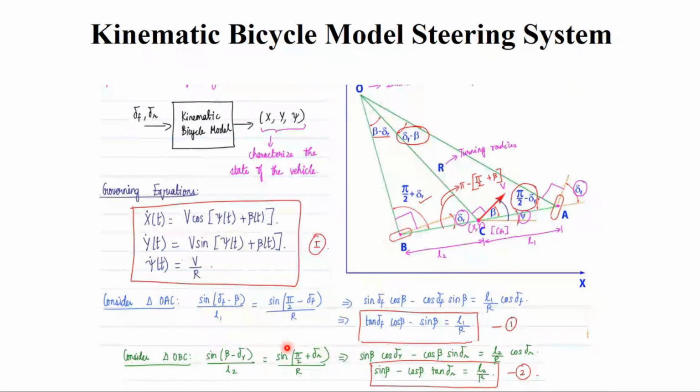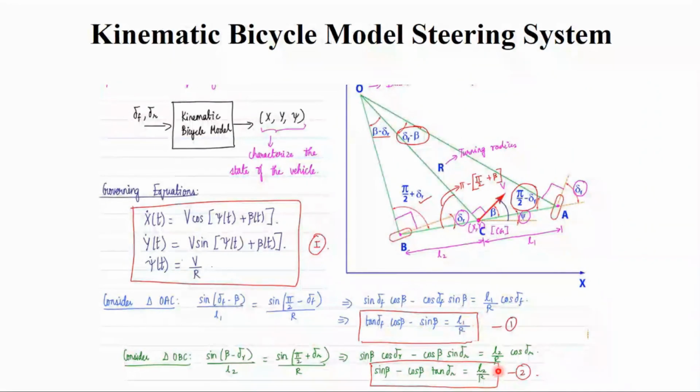Here also we are going to have different parameters, where we are going to have two equations, one coming from OAC and another coming from OBC, assuming that this is the front inner wheel and this is the front outer wheel.